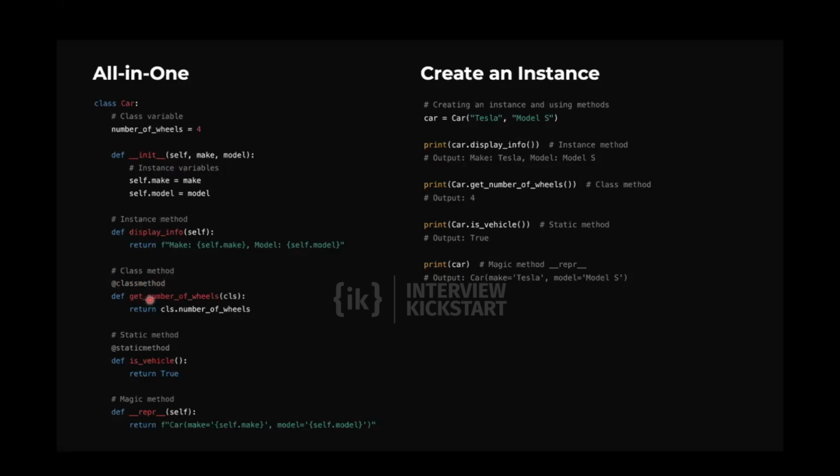If you don't do that, then it becomes an instance method, right? By definition, like this one, and this cls would become this self, right? So it doesn't matter what name you choose, but this cls would be the representation of an instance for this method.